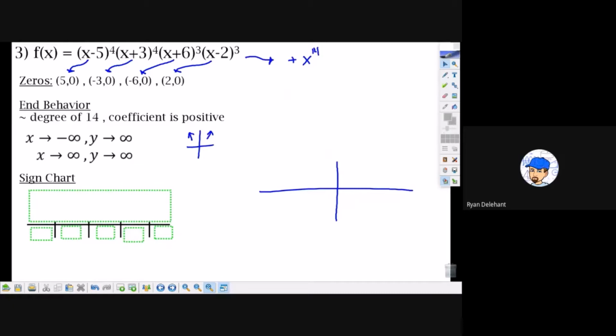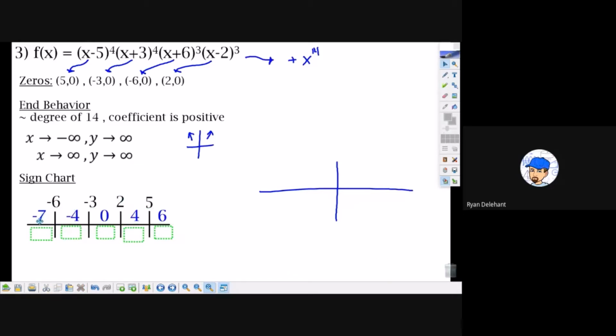Now you think that we're going to do the sign chart for this one. And you'd think this sign chart's going to be any tougher, but these powers actually make the sign chart a little bit easier. So we know where we cross the x-axis. And we're going to pick some test points in there. Now, why did I pick -7? I don't think we talked about this.